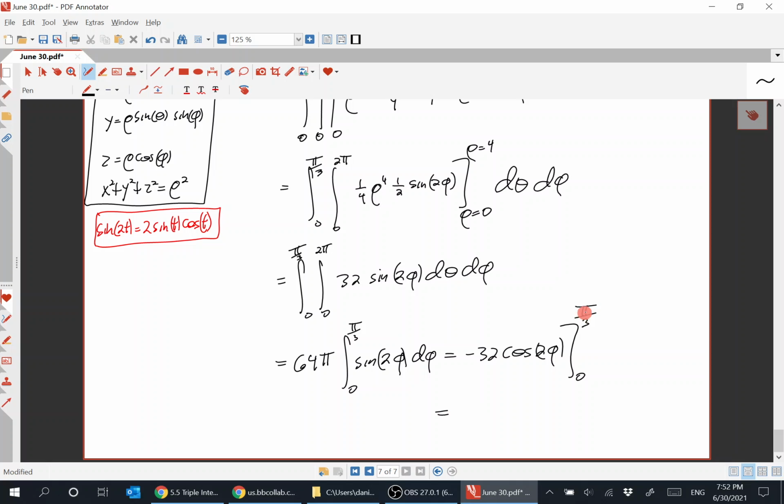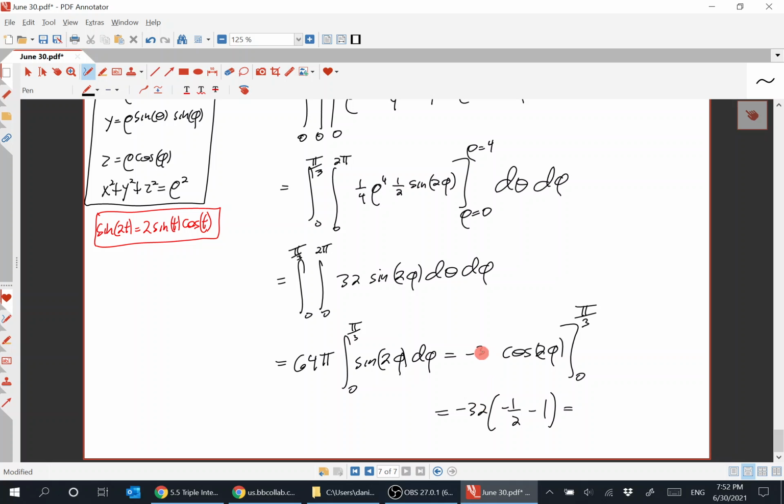So at pi over 3, so 2 pi over 3, cosine of 2 pi over 3 is negative 1/2, right? Pi over 3 is 60, and then 2 pi over 3 is 60 coming from the negative x-axis. So it's negative 1/2, and at 0 it's 1. So we got negative 3/2. And I lost my pi, didn't I?